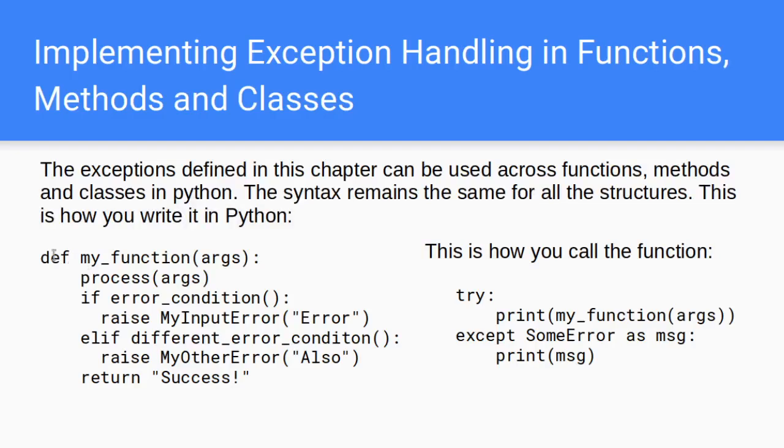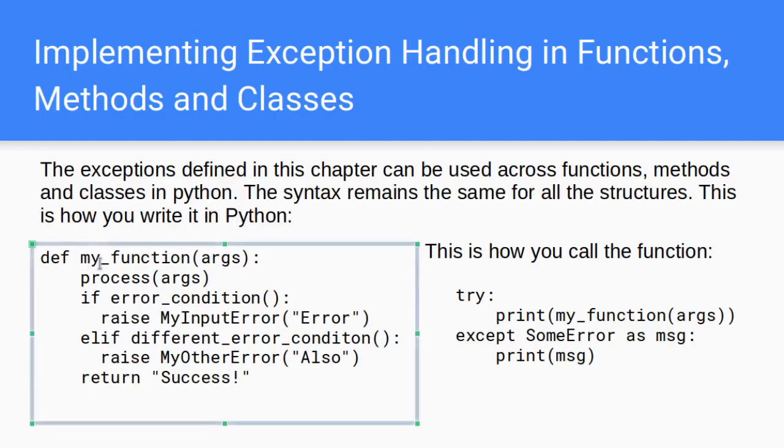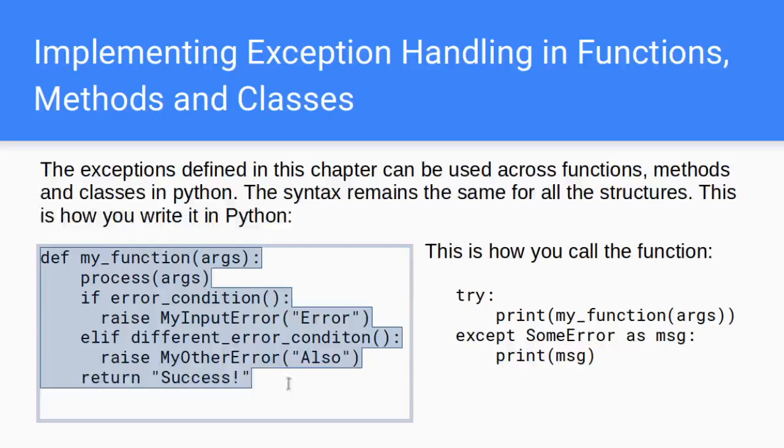We can define a function here, my function. We check an error condition and we raise my input error if it's true. Or maybe we want to check for a different error and we could raise another error. If we don't get either of these two errors, we can return success to the user.